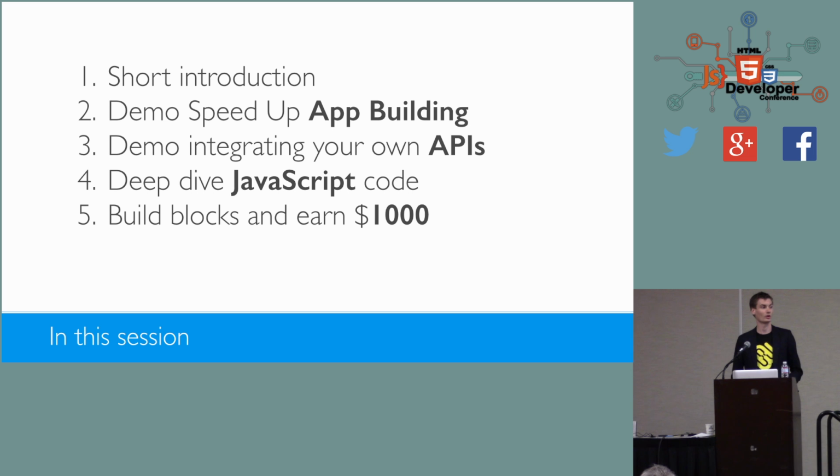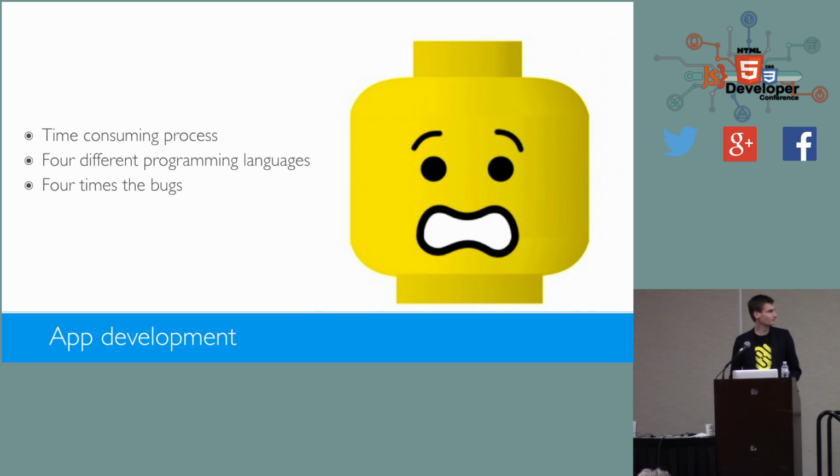It's just under 5 minutes. After that, we're going to take a look at integrating your own APIs and creating custom blocks on top of AppMachine. And RJ is going to take you into coding with AppMachine, creating custom functionality on top of AppMachine. And we will tell you how you can earn $1,000 per block you're building with and for AppMachine.